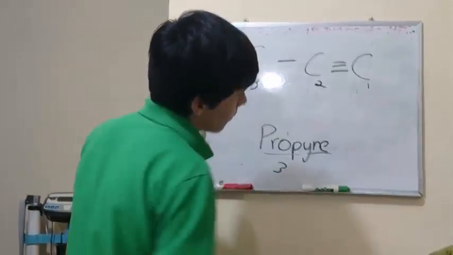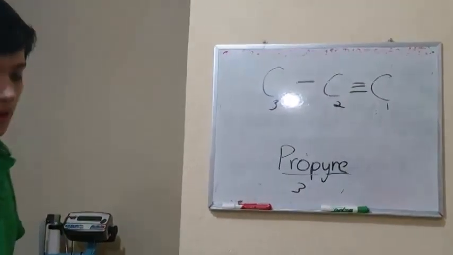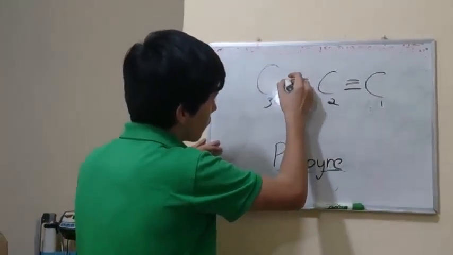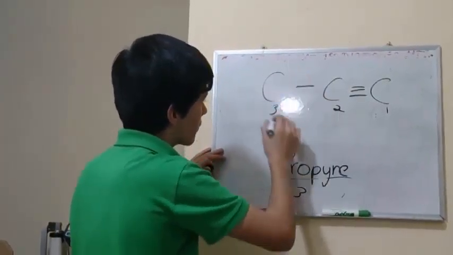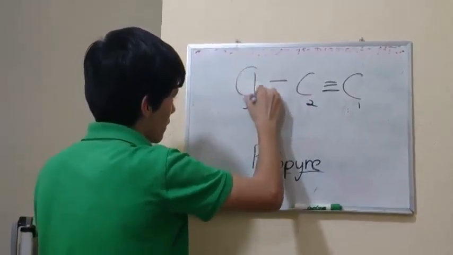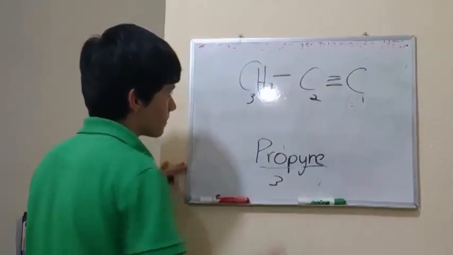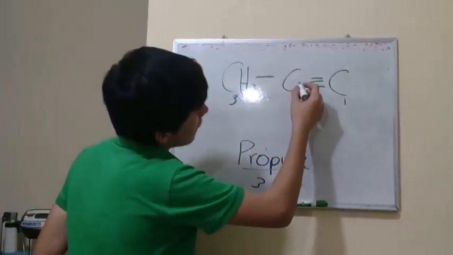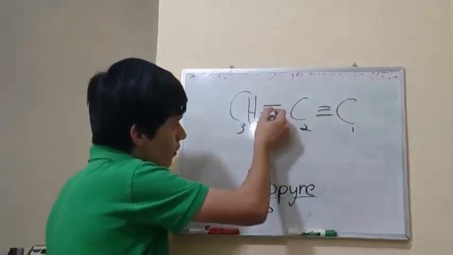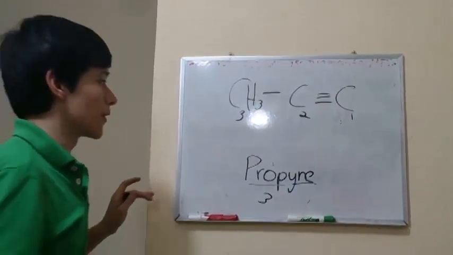For example, the hydrogens need to be put when we don't have four units in each carbon. So as you can see here, we only have 1, so it will be H3, as you can see here. And in this carbon, we don't need to put anything because we have 3 here and 1 here, and the sum is 4.